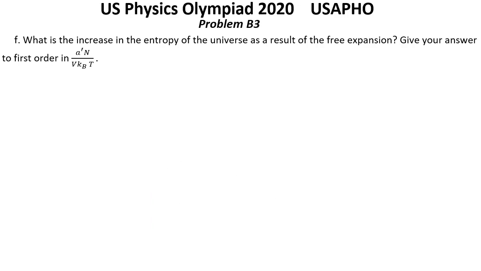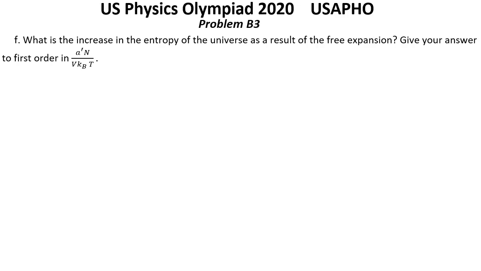Solution for question F. The entropy of the surroundings does not increase as a result of the free expansion. No heat is dumped to the surroundings, and the surroundings remain in thermal equilibrium. However, the entropy of the gas does increase because the gas is momentarily not in equilibrium.